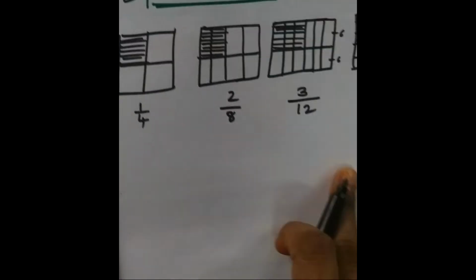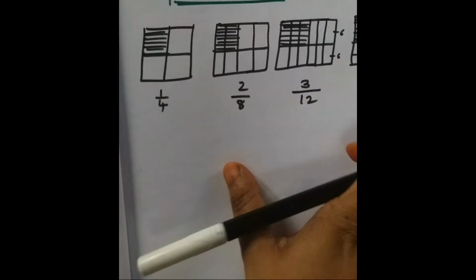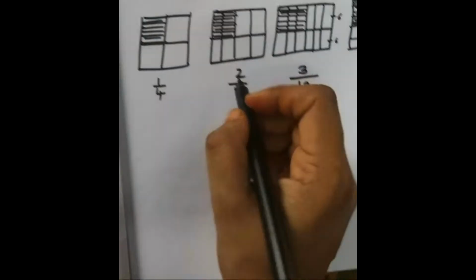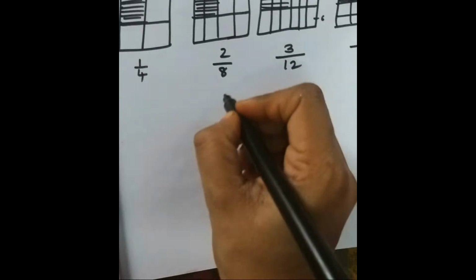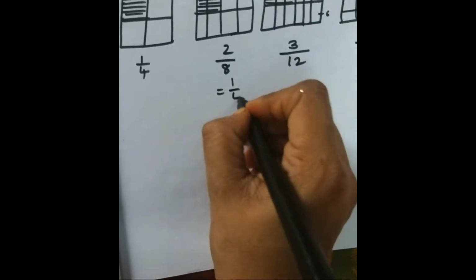If we look at this closely, we find that the numerator and denominator of 2 by 8 can be written as 2 ones are 2, 2 fours are 8.